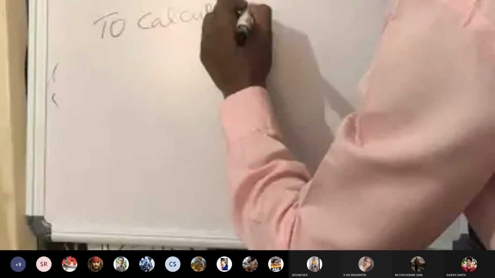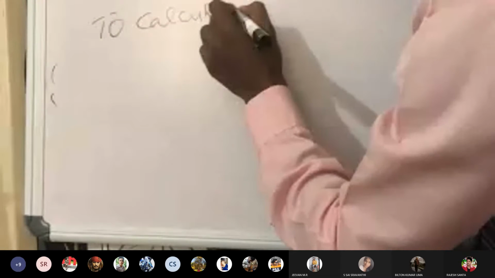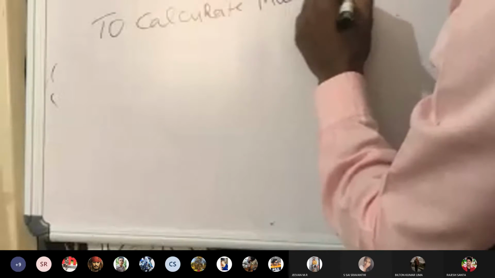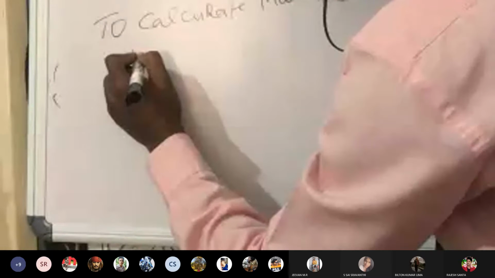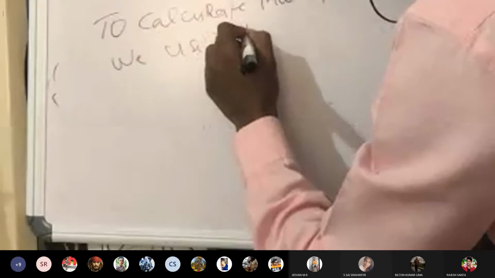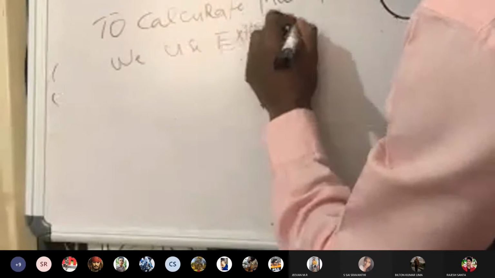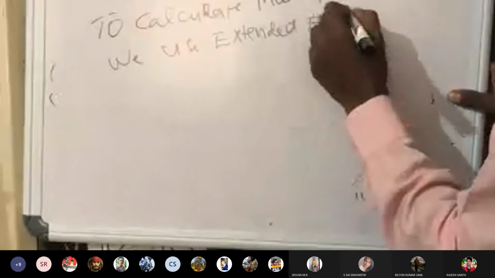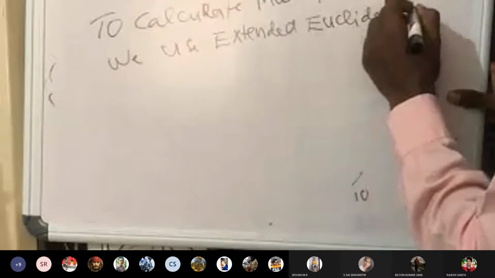To calculate multiplicative inverse, we use the extended Euclidean algorithm.